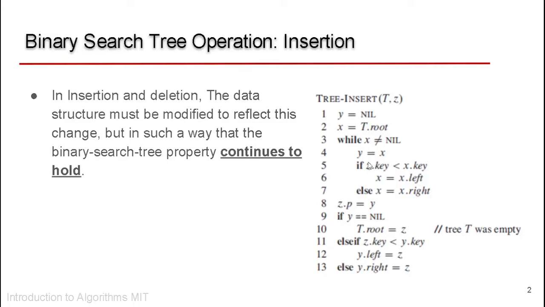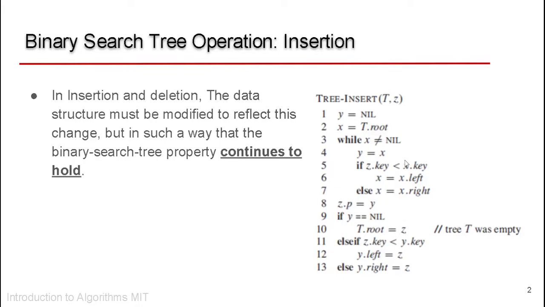So currently Y is equal to the root and X is equal to the root. Now we check if the key of the node we are trying to insert is smaller than the current value of X. I mean we are traversing this tree.